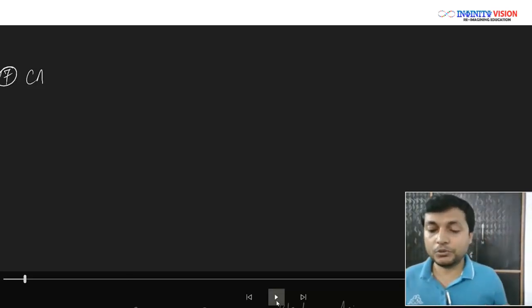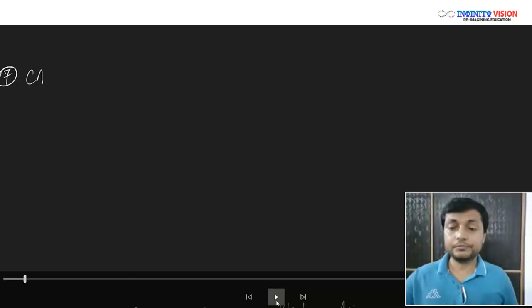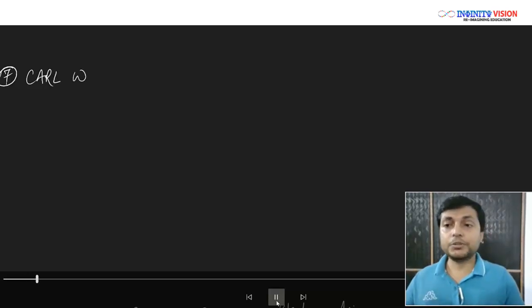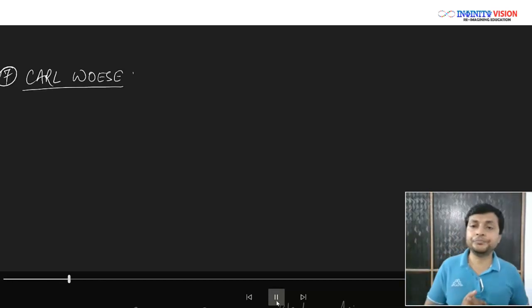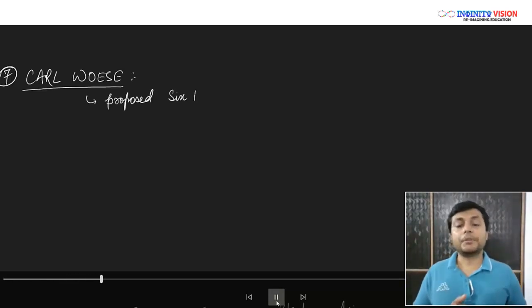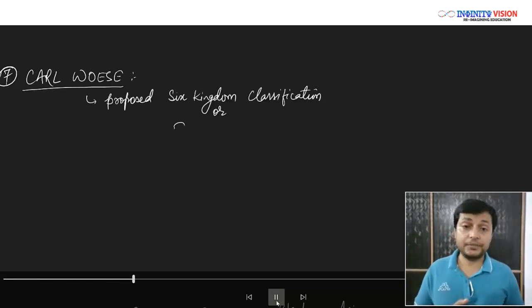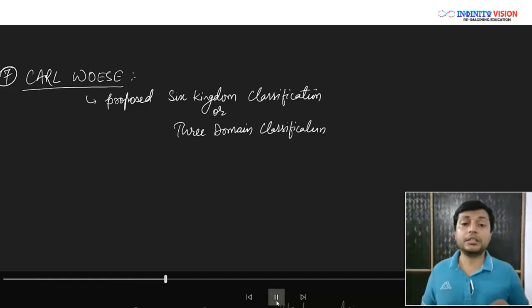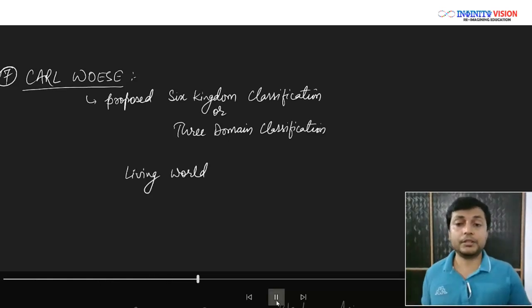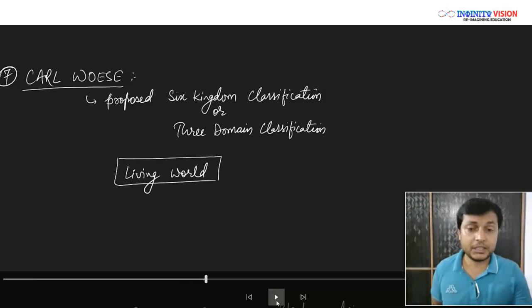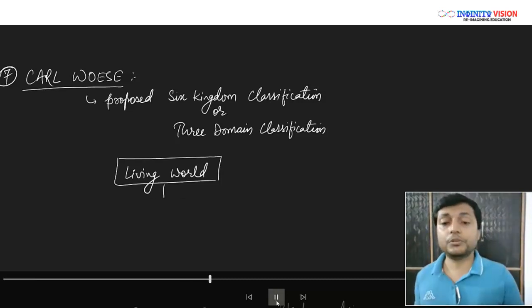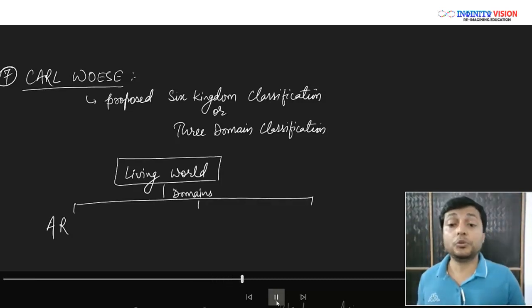But what we are going to talk about now is Carl Woese. Carl Woese proposed the six kingdom classification, also known as the three domain classification. According to this classification, the entire living world is classified into three domains.